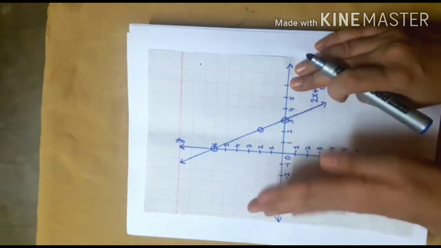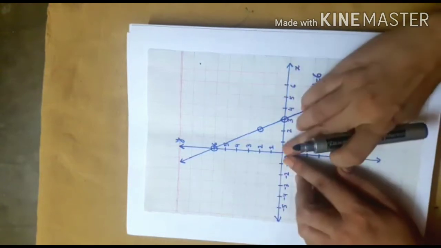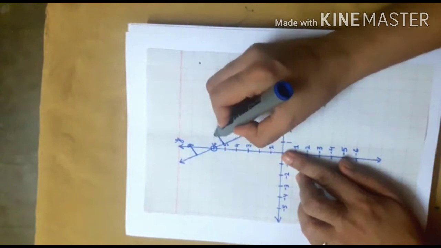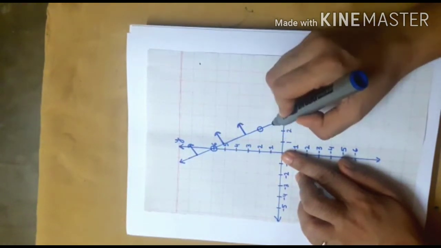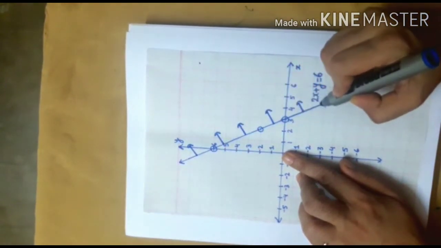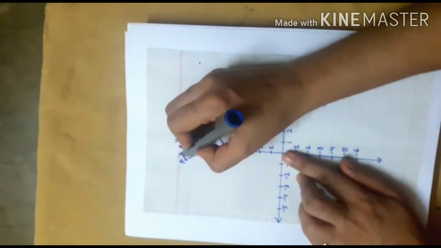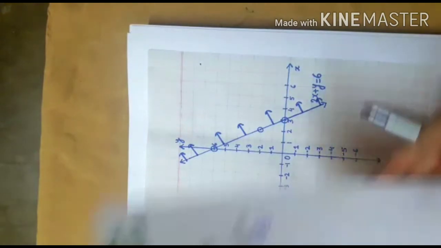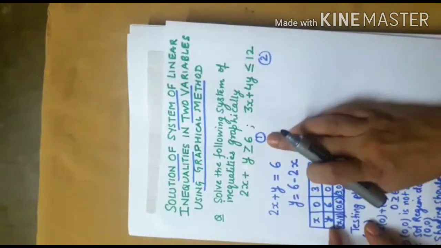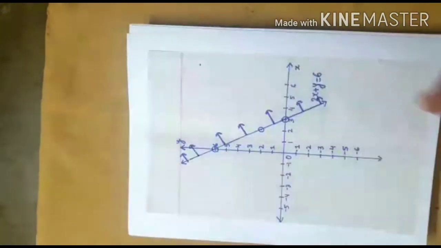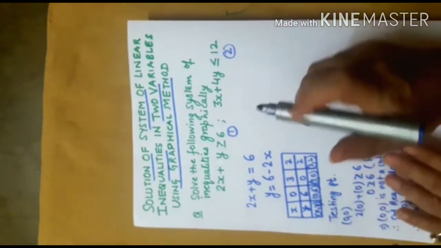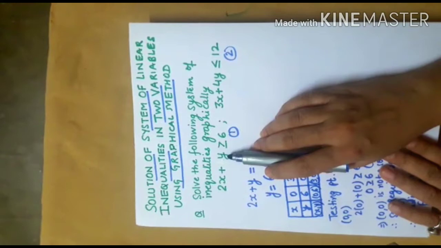So shading should be away from this point, that is, in this part. So this is the solution region of the first inequality. So we have obtained the solution region of this inequality.